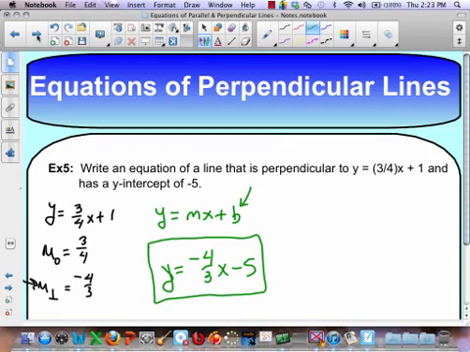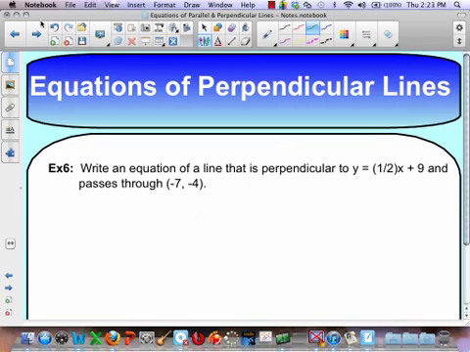Let's take a look at another example. What is my original slope in the problem?